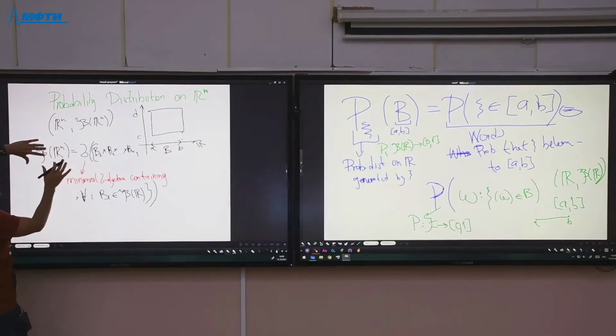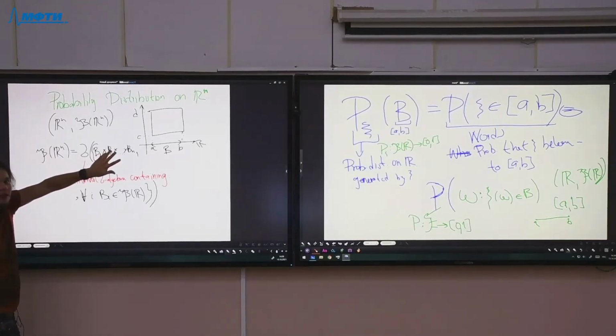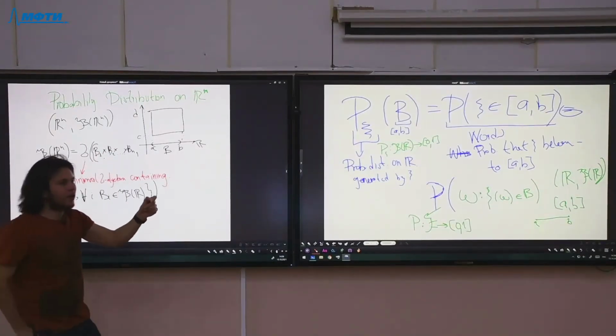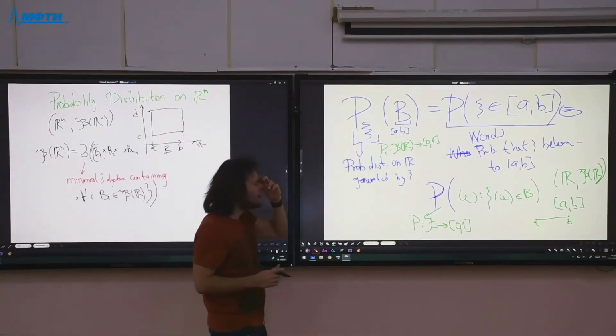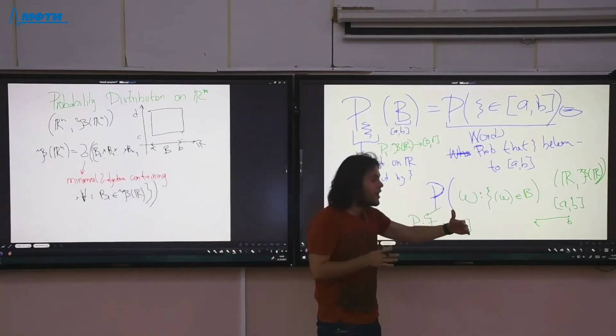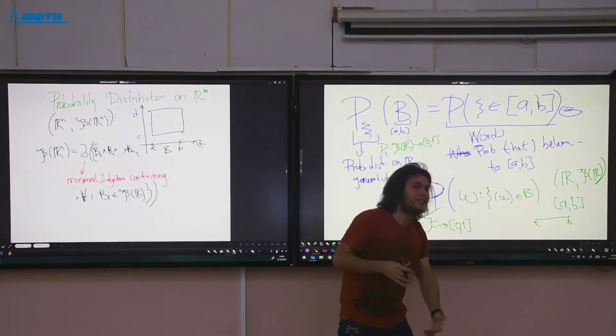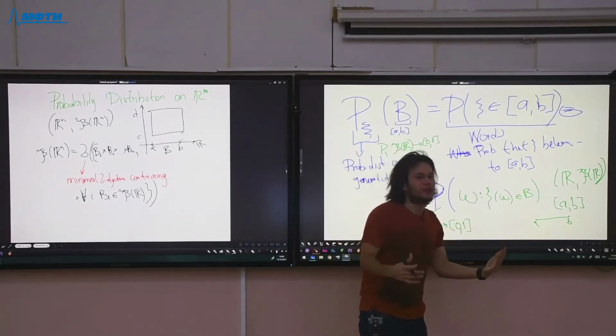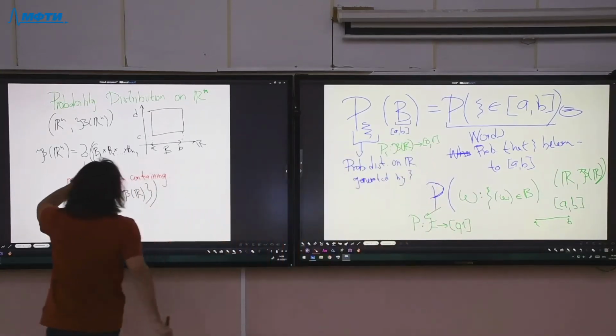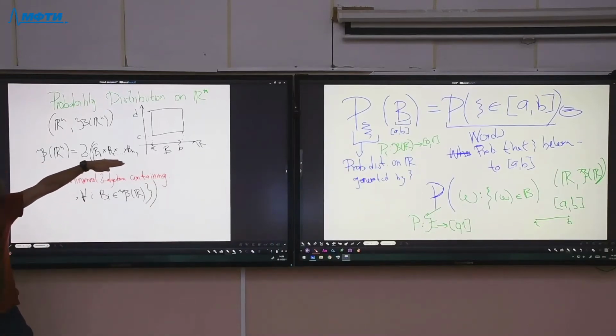I'm writing that this is equal to the minimal sigma algebra containing this. And that's different, right? So it's like when I had the Borel sigma algebra is the minimal sigma algebra containing all the open sets. I didn't say that the Borel sigma algebra are all the open sets. It's the minimal sigma algebra containing all the open sets. So instead of writing open sets here, I'm going to write this.